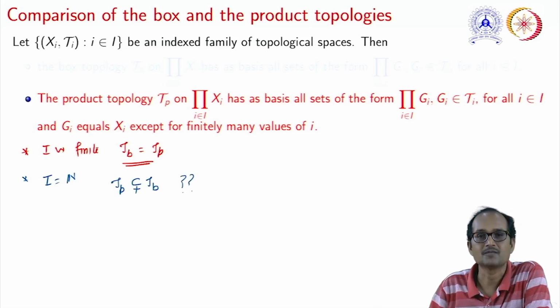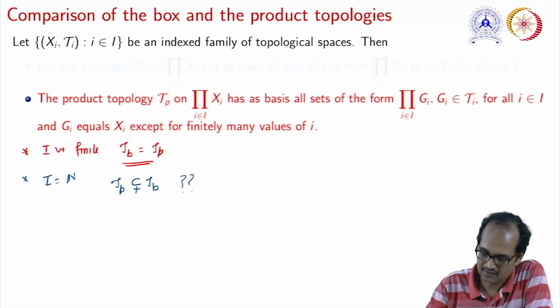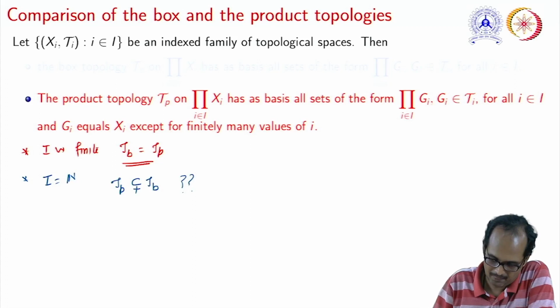Let us see it. If we are taking a member G of the product topology, then how can this G be expressed?